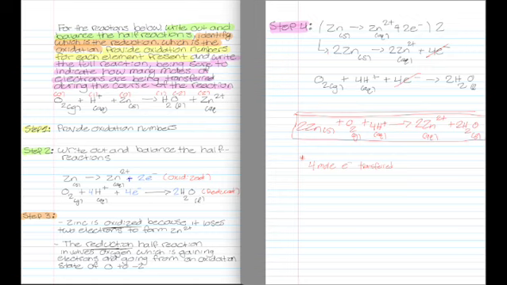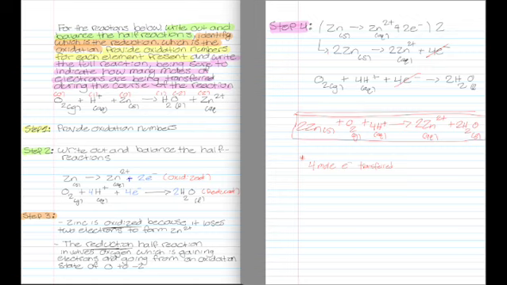So now we can move on to step 2, which is writing out and balancing the half reactions. I highlighted it in green, and what we're first going to do is write out the unbalanced half reactions. Here we see zinc. Zinc is clearly associated with the Zn2+, and we see that the atoms are already balanced.